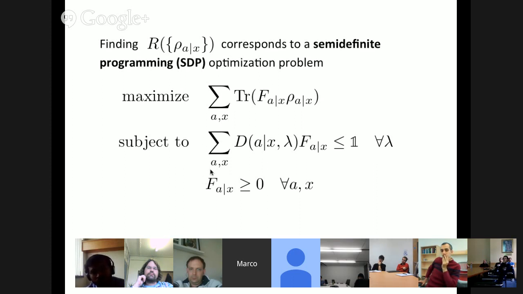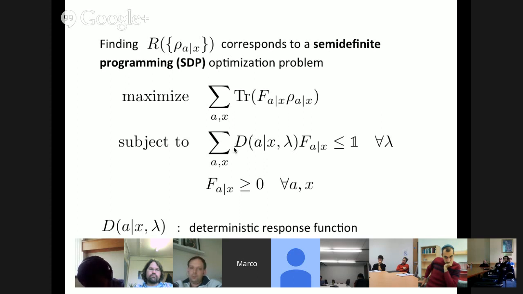We want to maximize this function, but under some constraints on these f's. In particular, there are these two constraints. One is easy to read, and it is that these f's are positive semi-definite, hence the idea that this is semi-definite programming. But there is another one that is less trivial, and I won't read it out for you.